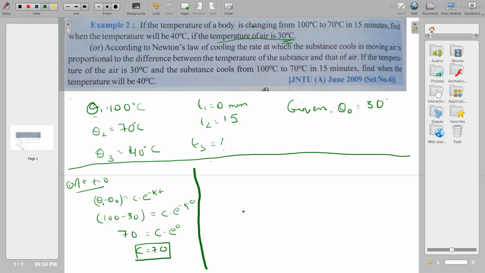Now we got the value of C here. Now, the second step, at t equal to 15, we know the formula theta 2 minus theta naught is equal to C into e power minus kt. The value of theta 2 here is 70.